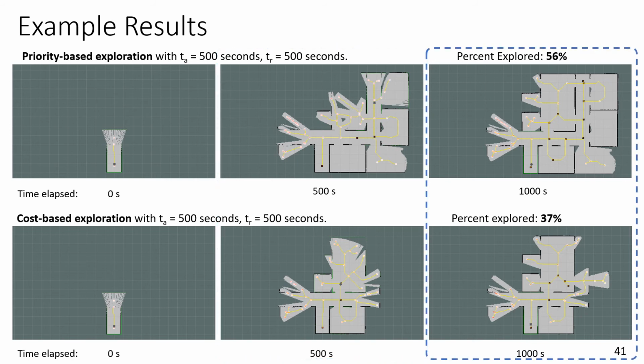By the end of the exploration, at the 1000-second mark, we notice that Alice has explored 56% of the environment, while Bob has explored 37% of the environment. This shows that the proposed priority-based exploration has a better result compared to the cost-based exploration.